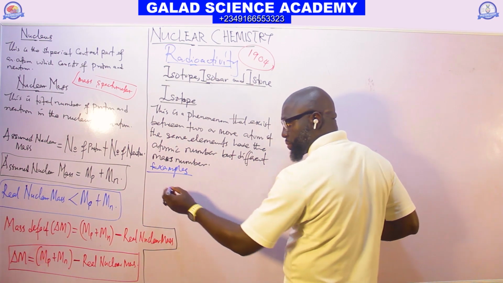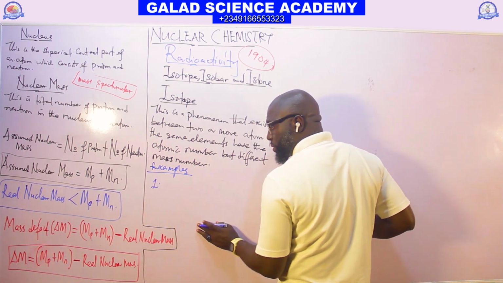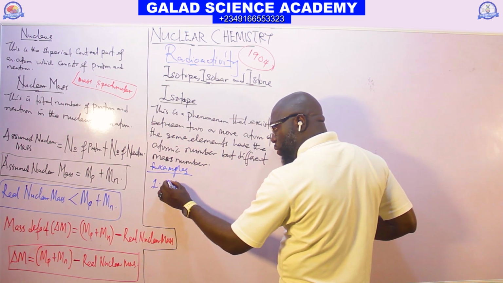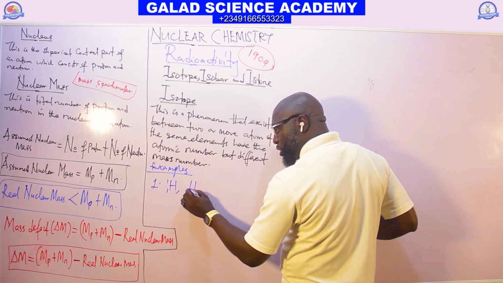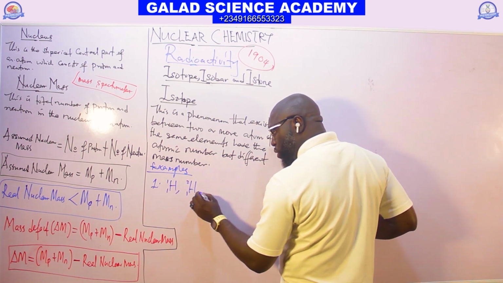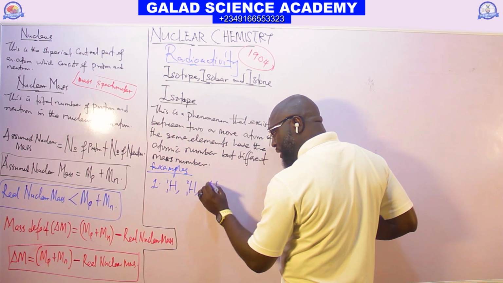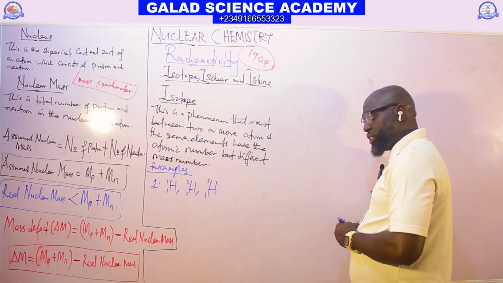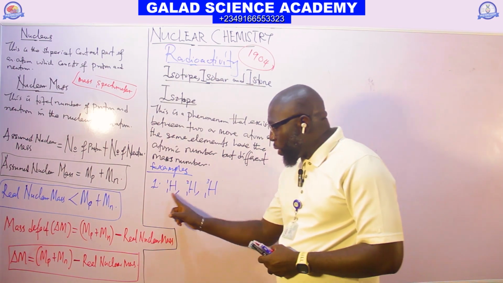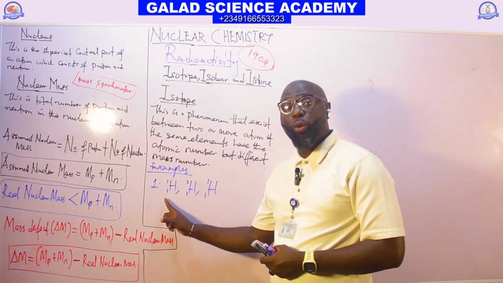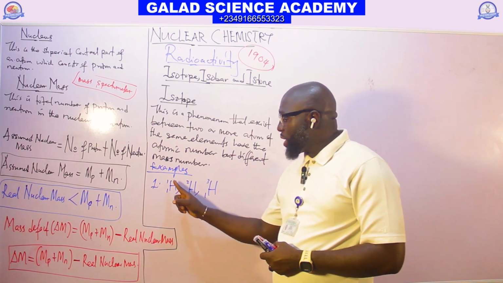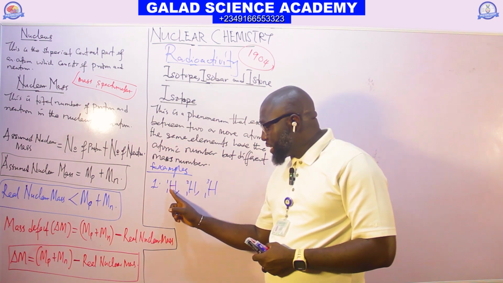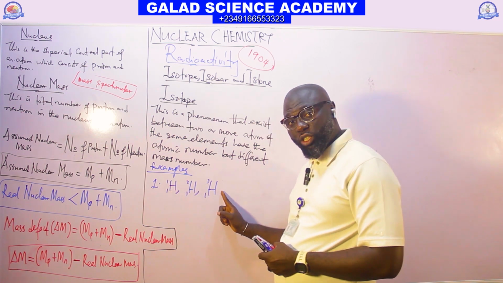One, we have hydrogen 1 1, hydrogen 1 2, and hydrogen 1 3. Look at this hydrogen: this one here is called the atomic number, here we have one, two, three. These are atoms of the same element, hydrogen.